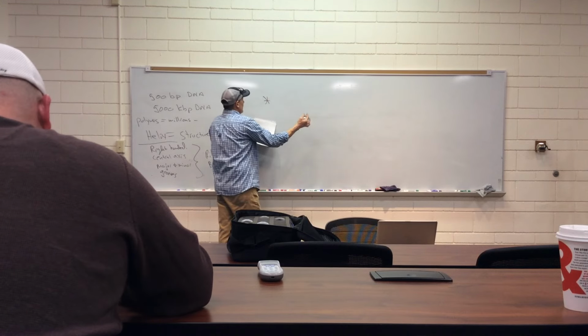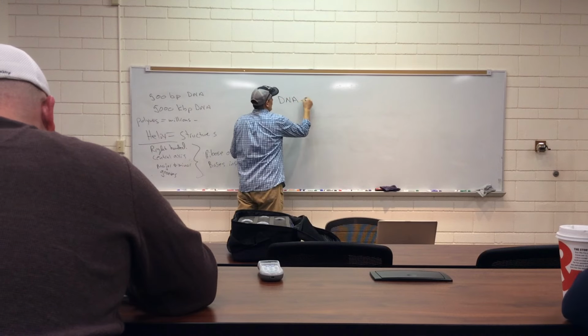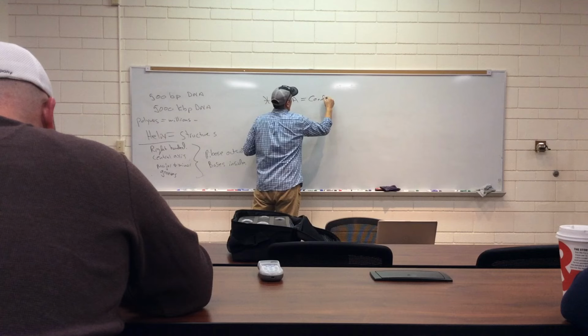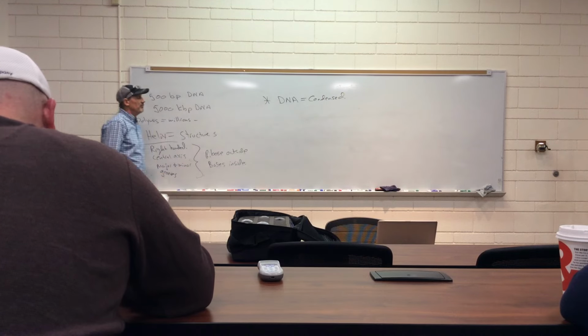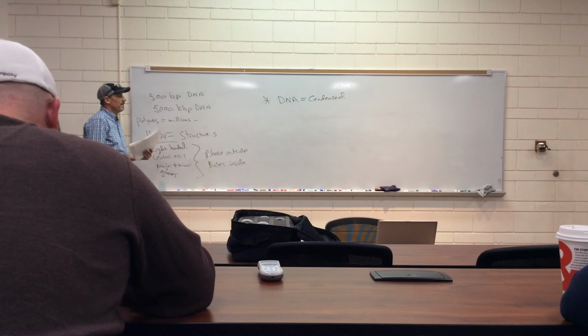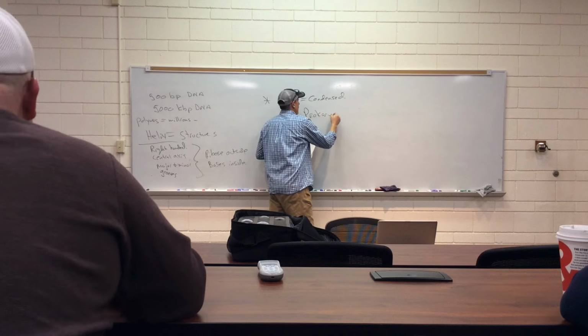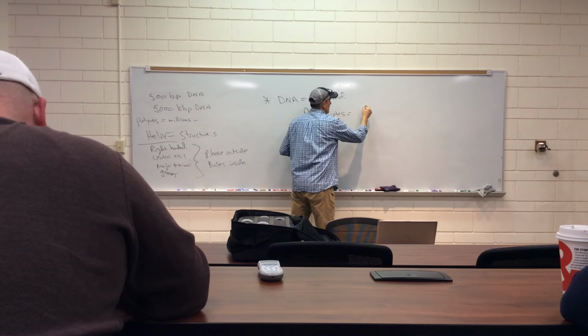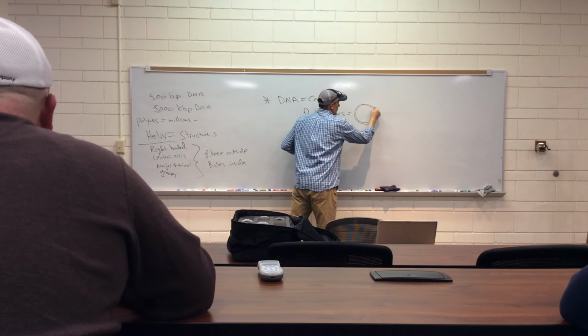Recognize that due to this length of DNA, I'm not sure if we covered this before, it's got to be condensed down to fit into the cell. So for prokaryotes, remember this is a single circular chromosome. Here's my double-stranded helix.